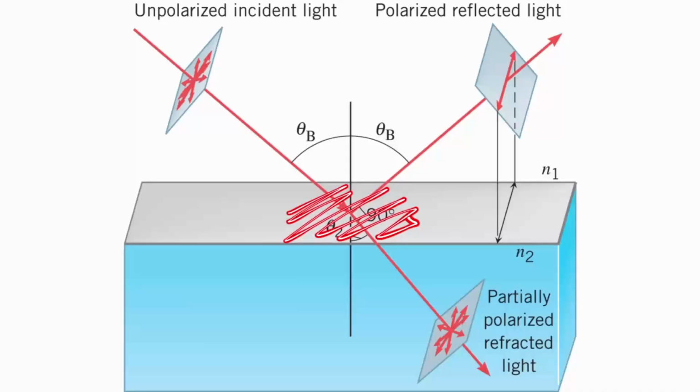They can only wiggle in the plane of the surface. So at a certain angle, unpolarized light can come in, get reflected, and be completely horizontally polarized. Horizontal in the same plane as the surface. That angle where that happens is called the Brewster angle.